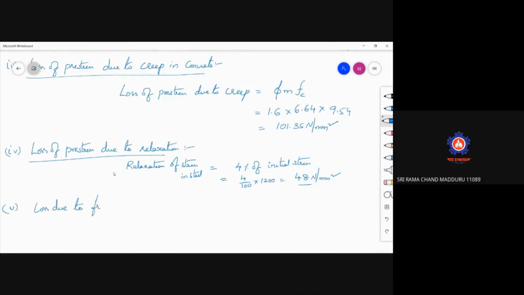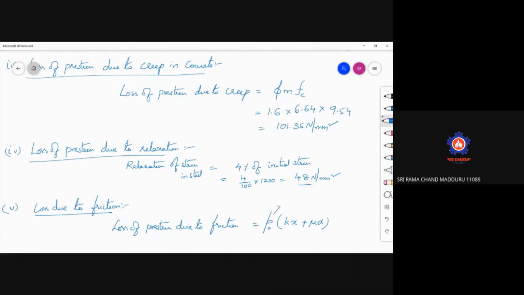Loss due to friction, so this is the formula. The loss of pre-stress due to friction is equal to P naught into (Kx plus mu alpha).